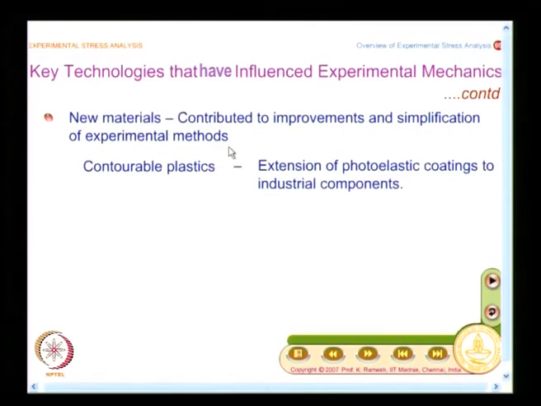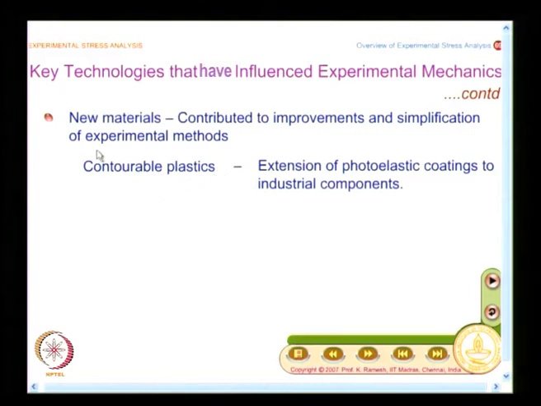And if you look at photoelasticity, the development of contourable plastics really made photoelastic coatings possible for industrial components. The application of reflection photoelasticity was mainly possible for complex objects because of the development of contourable plastics.